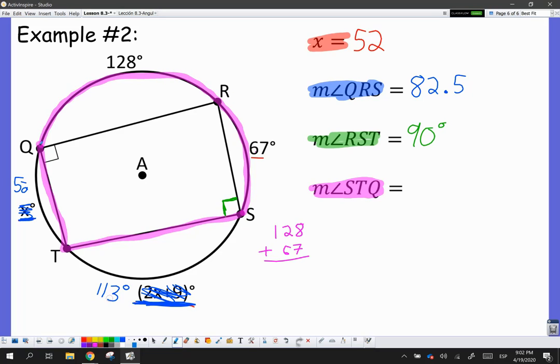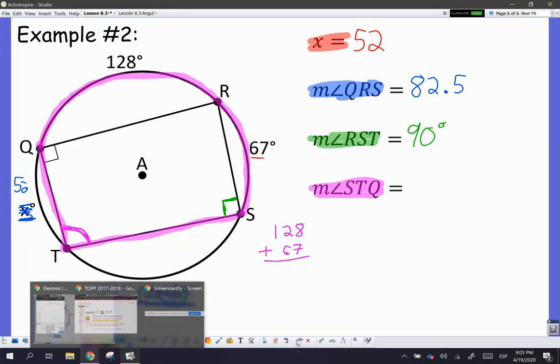Because this arc is QS over here, or QRS, and it's broken up into 2 pieces, then I'm adding those 2 pieces so that I can get the total arc measure for QRS. And once I know that, then that'll help me find the measure of the inscribed angle.